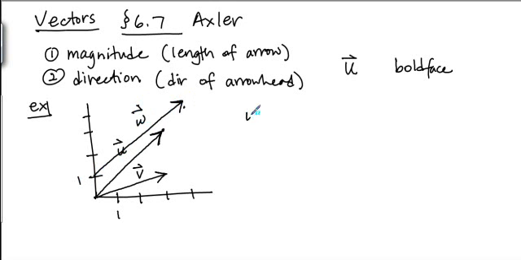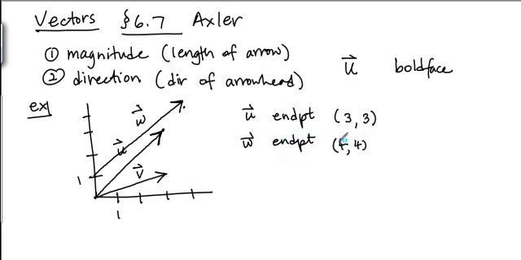Vector u has endpoint 3, 3. W has endpoint 4, 4. But we have to be a little bit careful here.